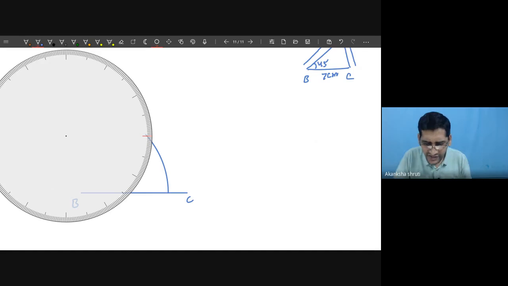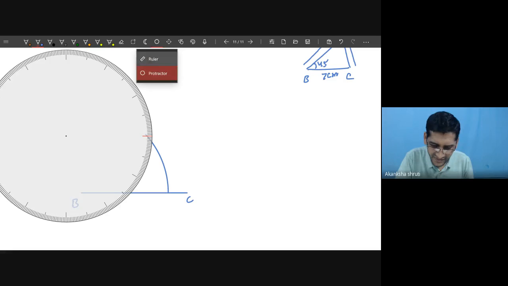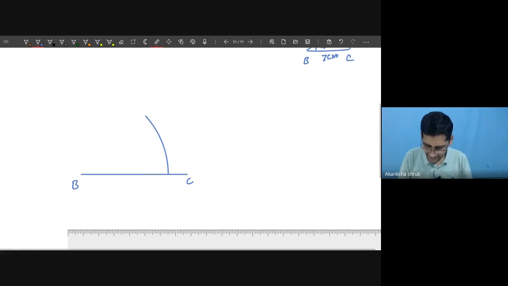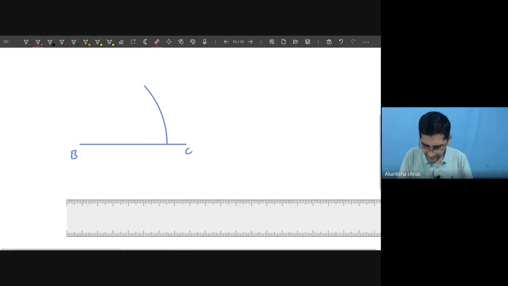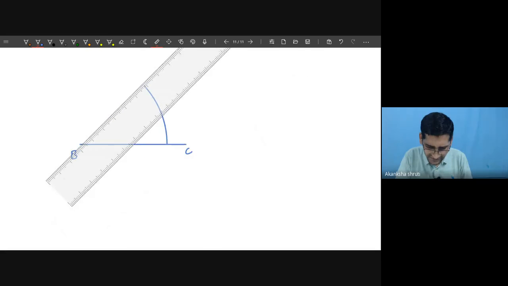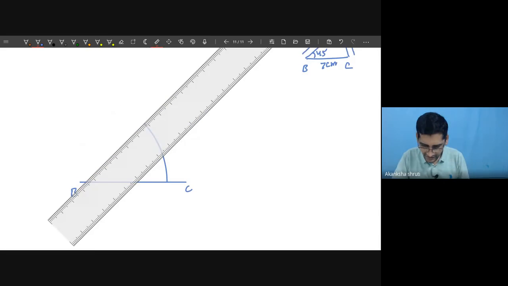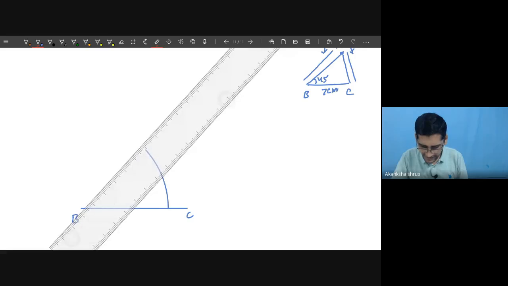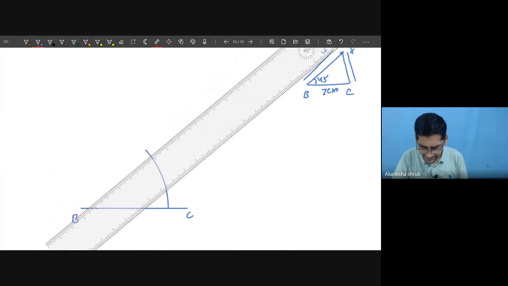It is roughly 40 degree. Take the scale and make this 40 degree angle. Here we have to again take BX, exactly the same, it doesn't make any difference.